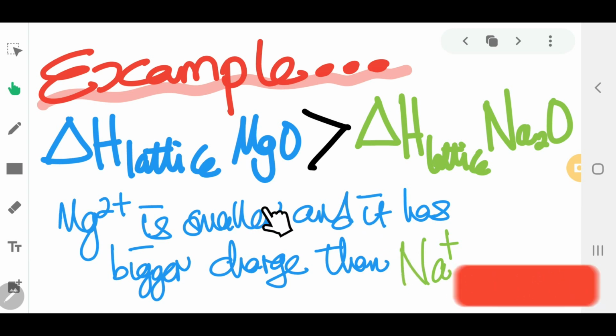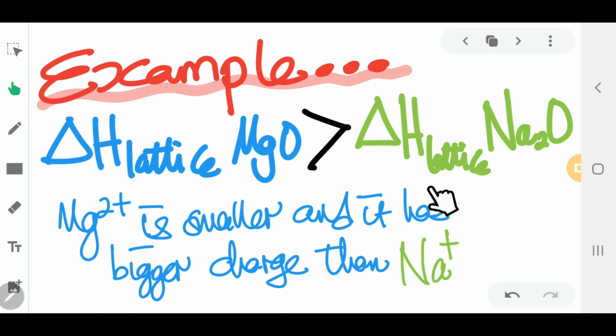That is obvious. Mg2+ is in group 2, Na+ or sodium is in group 1. So remember, going across a period, what happens to your size? The size will become smaller. And when you look at the charge, magnesium has a greater charge, and Na+ has a smaller charge compared with magnesium. So that is what you need to know if they want you to compare the strength of lattice energy.